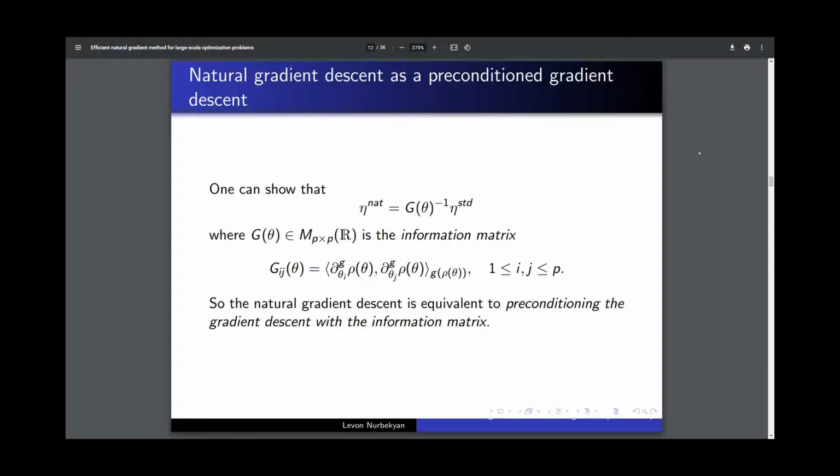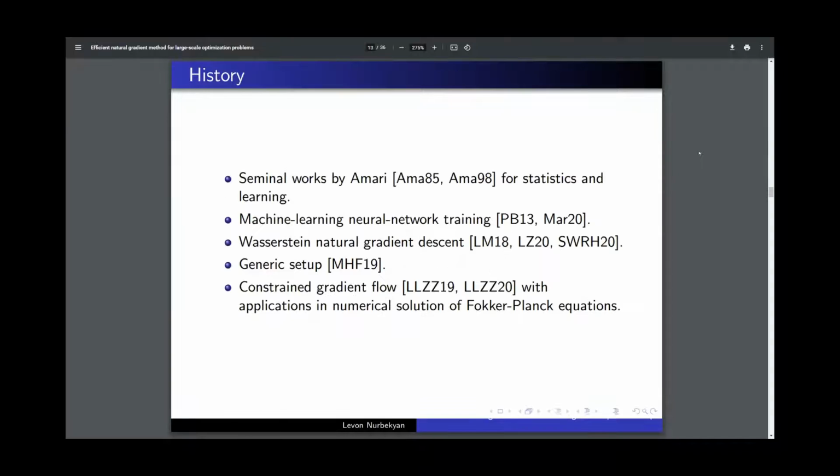In fact, you can interpret the Gauss-Newton method for nonlinear least squares as a natural gradient descent. The history of this problem started with Amari, who was looking at statistical and learning models where, naturally, you were dealing with the probability simplex, and there you can show that this Fisher metric, which I didn't present, but there is a natural metric there, improves and accelerates the convergence.